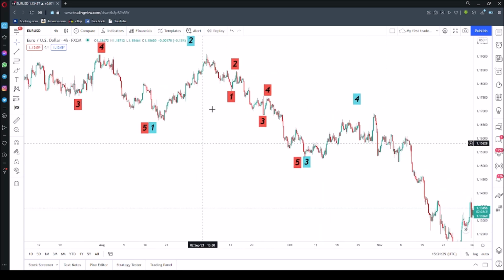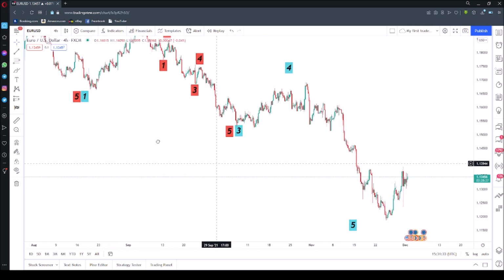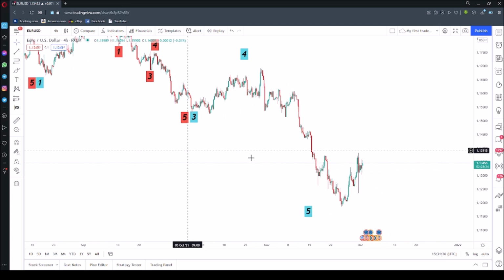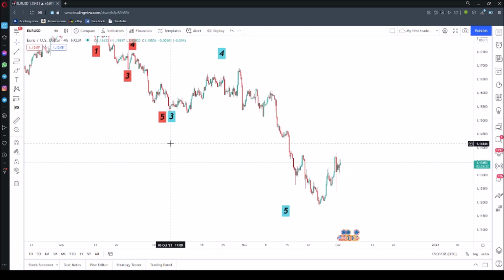So we had enough waves within this second daily wave, or in the second wave of the daily time frame.